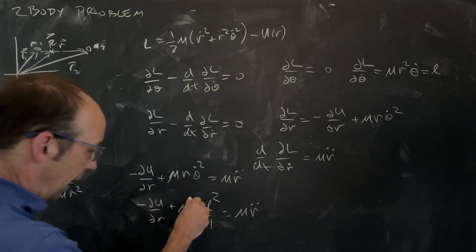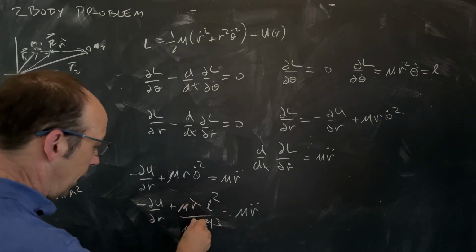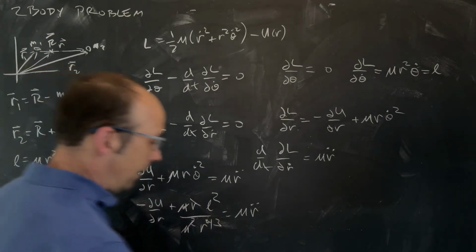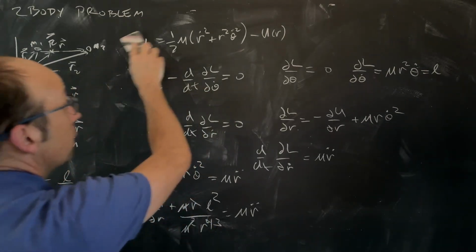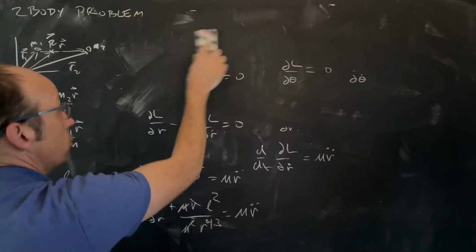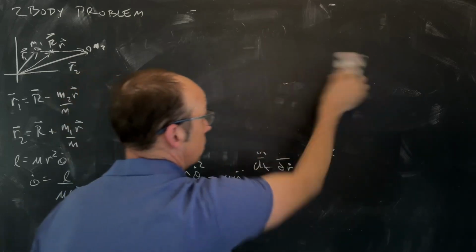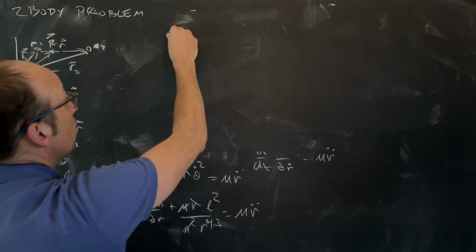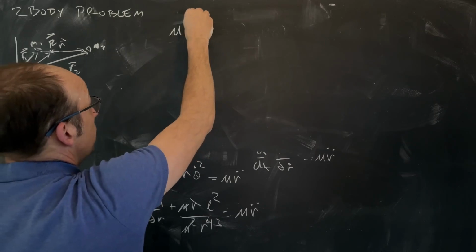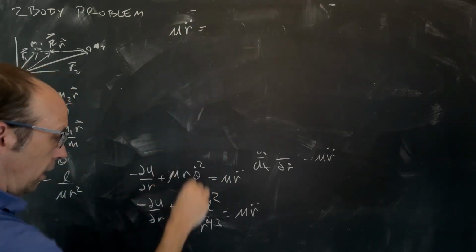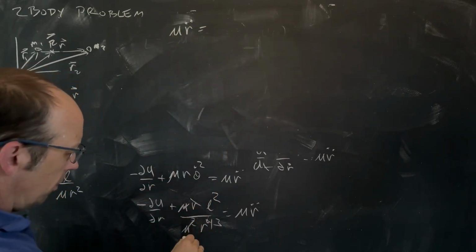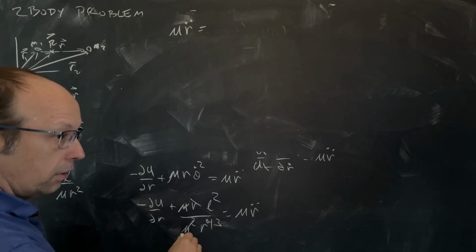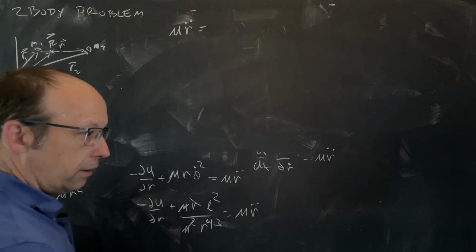So here, that cancels with one of those. That cancels with that. So I get the following one-dimensional equation of motion. So I get mu r double dot equals this stuff, which is going to be equal to, did I get that right?